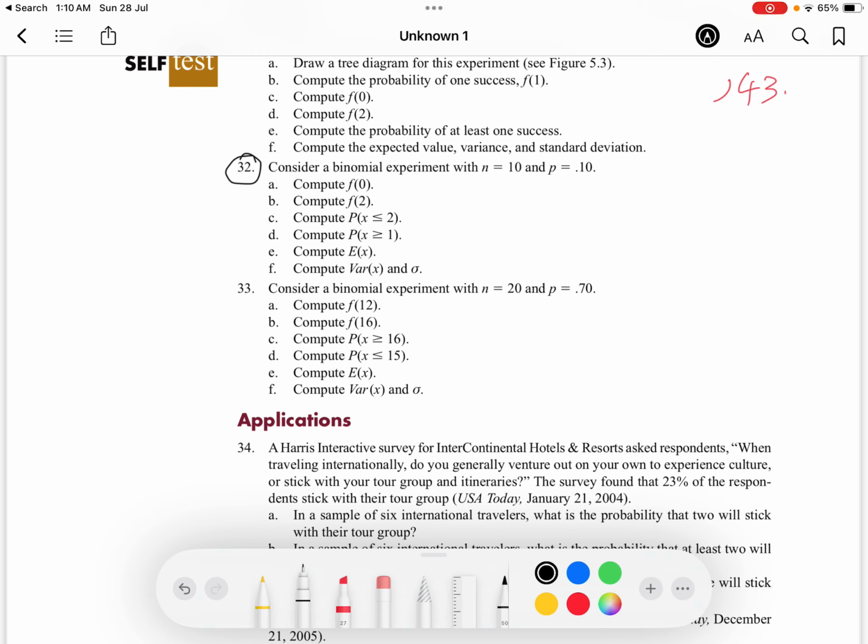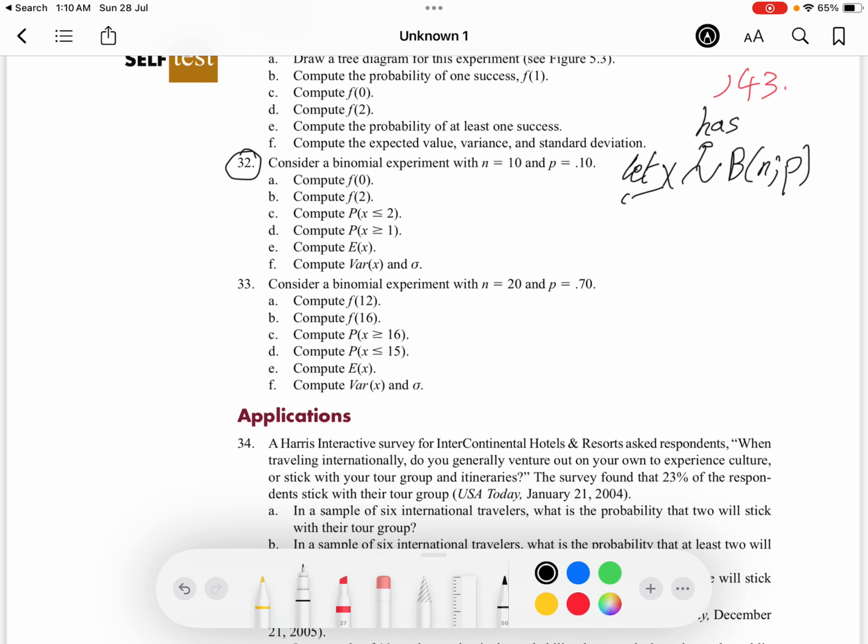Consider a binomial experiment with n equal 10 and b equal 0.1. We will write the notation: let x have binomial n semicolon b, where x is a random variable.